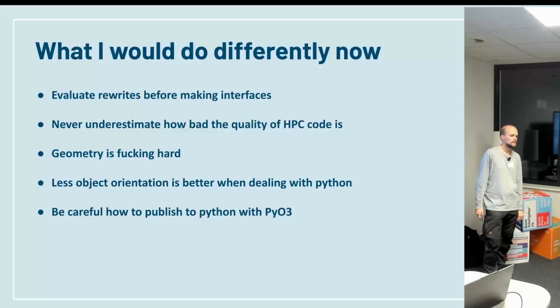And honestly, geometry sucks. Just try to avoid working with geometry when you can, because people think that they are good at it. No, you aren't. No one is. Geometry is just insane.